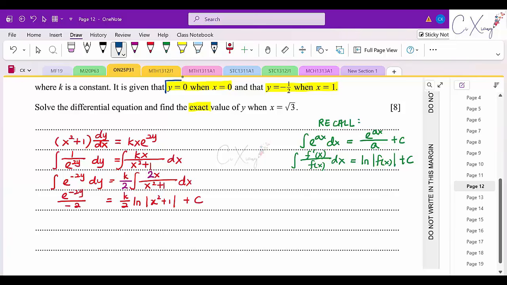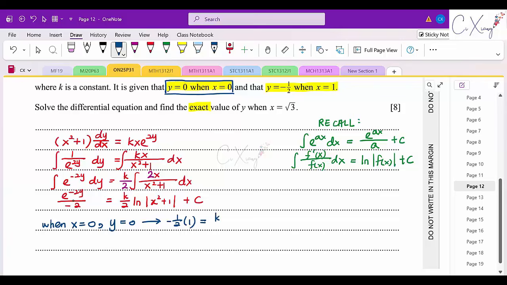So the first piece of information provided is this one. When x equals 0, y equals 0. So let's have a look. When you have x equals 0 and y equals 0, what will happen to your equation here? You'll have negative 1 over 2, e power negative 0, you get a 1. Agree?